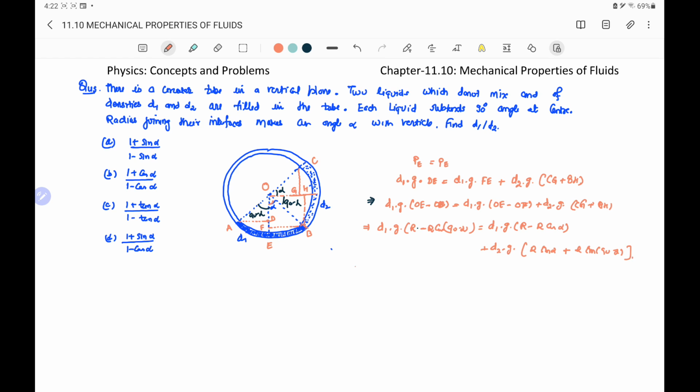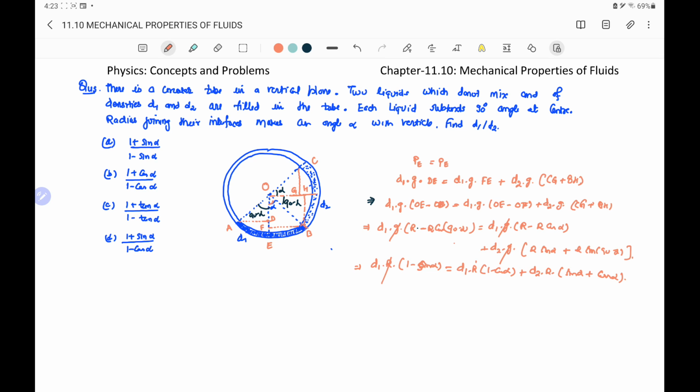Now we have to simplify it. Because g is common on all sides, it gets cancelled. And R also can be taken out. It will be d1 into R into 1 minus cos 90 minus alpha, which is sin alpha, so it is 1 minus sin alpha, equal to d1 into R into 1 minus cos alpha plus d2 into R into sin alpha plus sin 90 minus alpha, which is cos alpha.